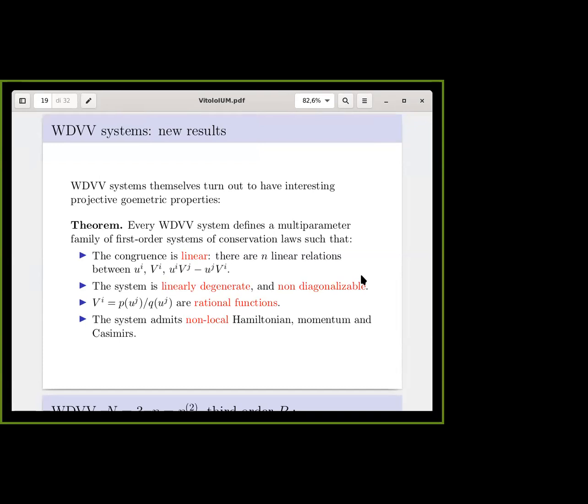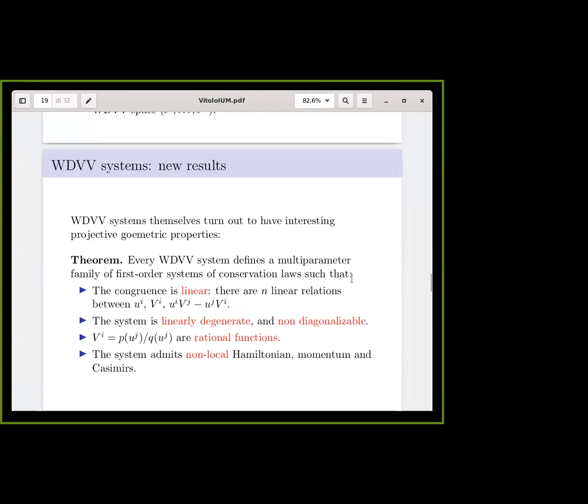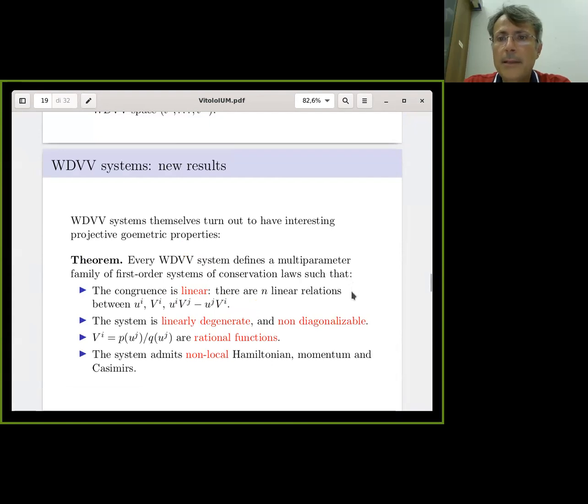Sorry, may I ask something? Oh, yes. You say every WDVV system. Yes. I remember you had two canonical forms for your WDVV equation. Do you mean this system or something else? This means that in both canonical forms you have this, so you have a third order operator. And since these two canonical forms fill the whole space, you can make a general statement.